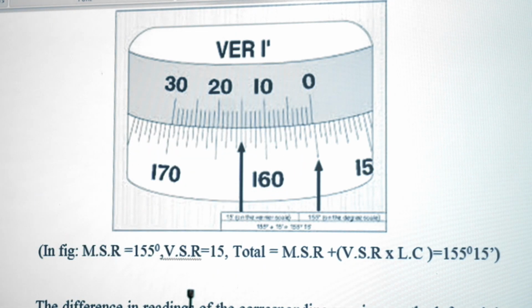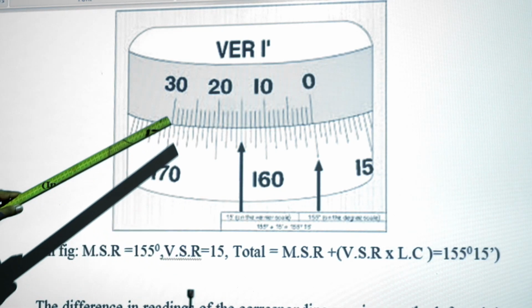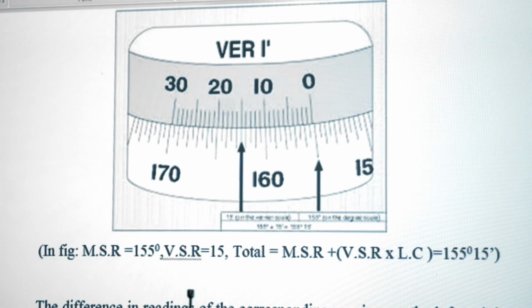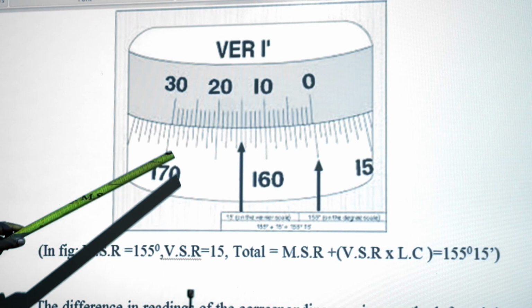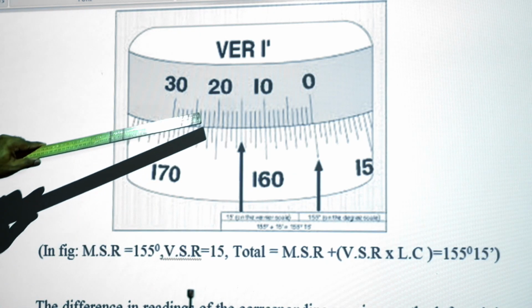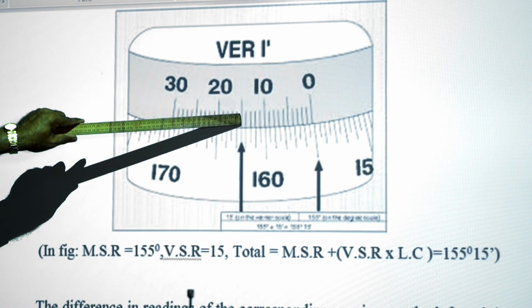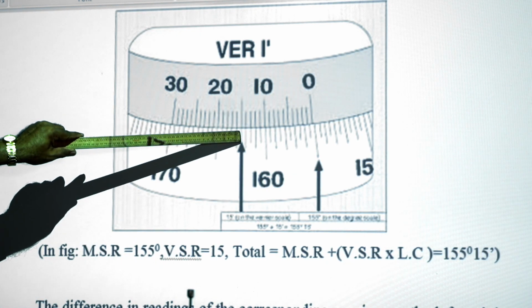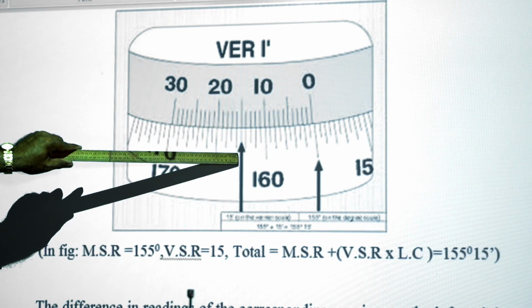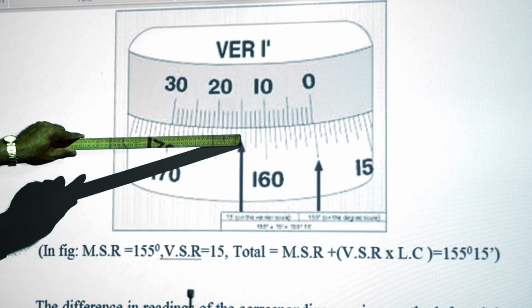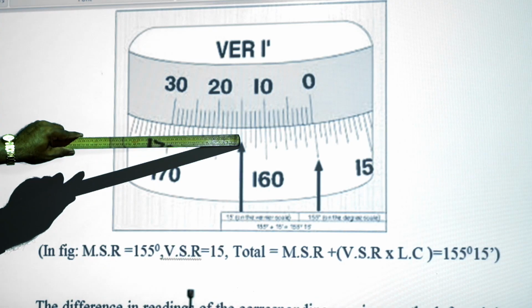Now we will see how we take the vernier scale reading. The vernier scale reading is the number of the division on the vernier which coincides perfectly with a division of the main scale. Here we can see the reading 15. The 15th division of the vernier is coinciding with one of the divisions of the main scale.